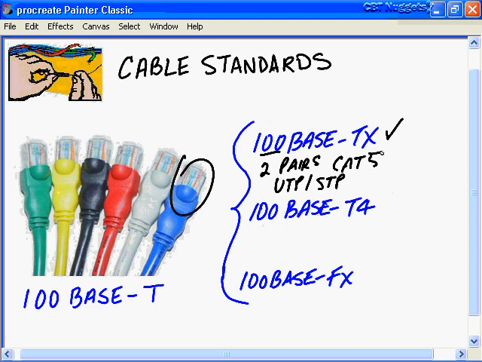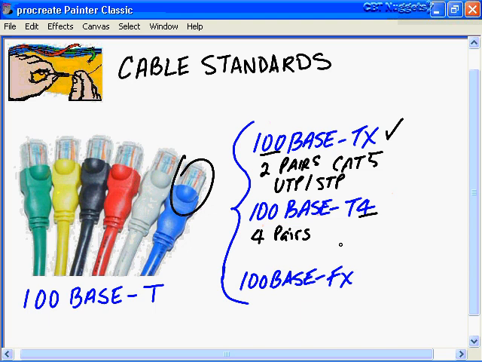Then you've got 100 base T4, and this is going to be 4 pairs of not high quality, but just normal quality twisted pair wires, hence the 4. 4 pairs of a twisted pair wire.